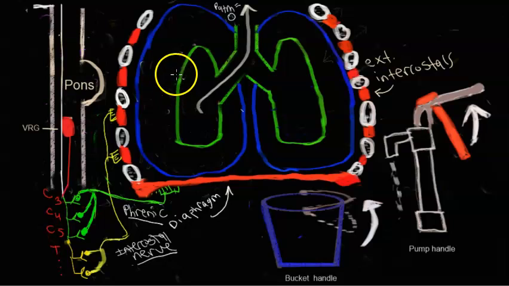And these stretch receptors are located in the smooth muscle of the lungs. And these stretch receptors are going to send signals, inhibitory signals, to the ventral respiratory group of the medulla. And they're going to cause inhibition.